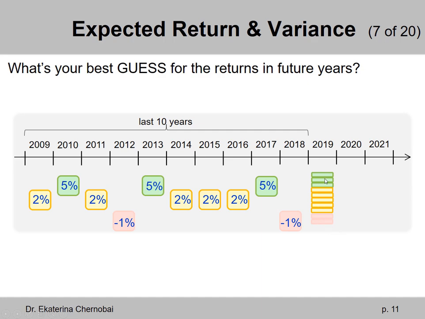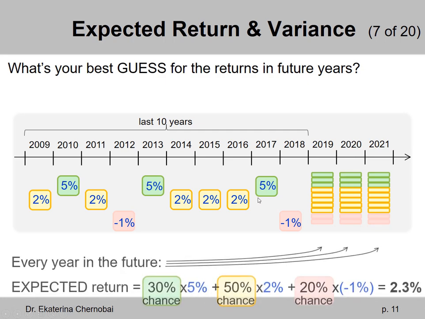And the remaining 2 out of 10 portions will contain the information on the possibility of losing 1% of your money, right? And we can say the same for any year in the future. Maybe nothing too distant, but maybe the next 2-3 years. So the same for year 2020 and year 2021.